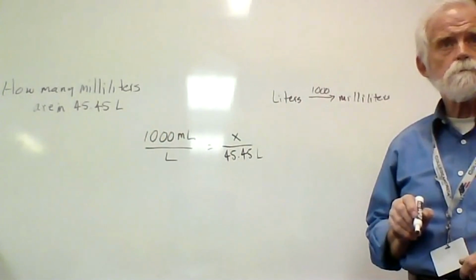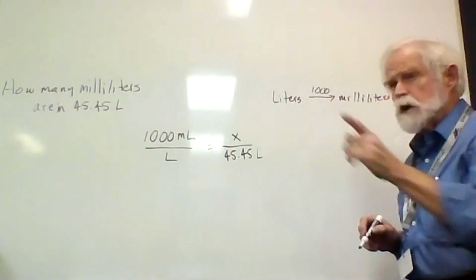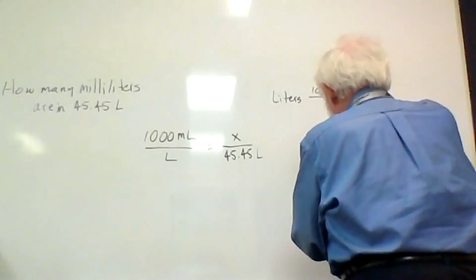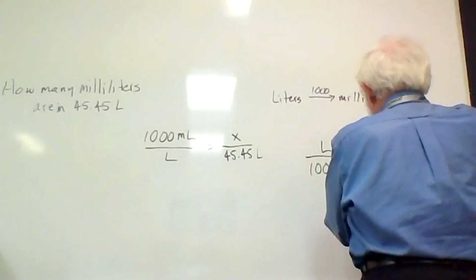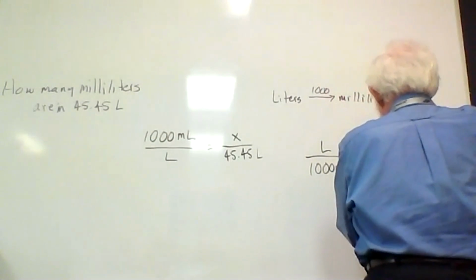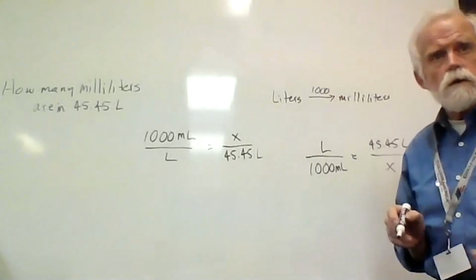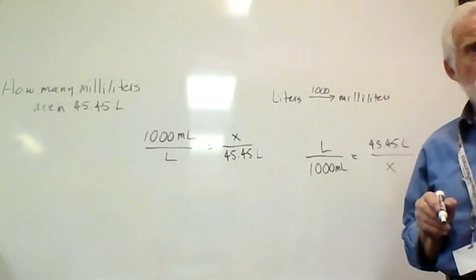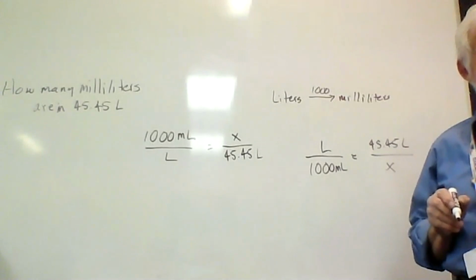So the way to do it is set it up. It doesn't matter if you say 1 liter in 1,000 milliliters equals 45.45 liters over X, as long as both liters are numerators or both are denominators. That's the key, setting it up.